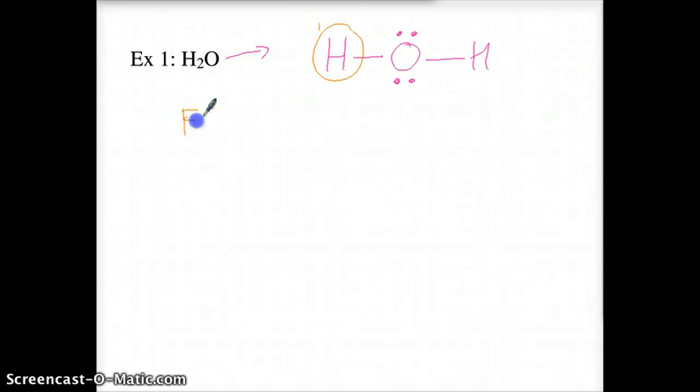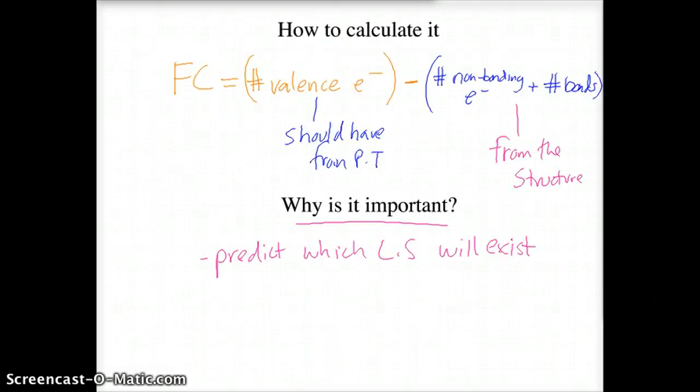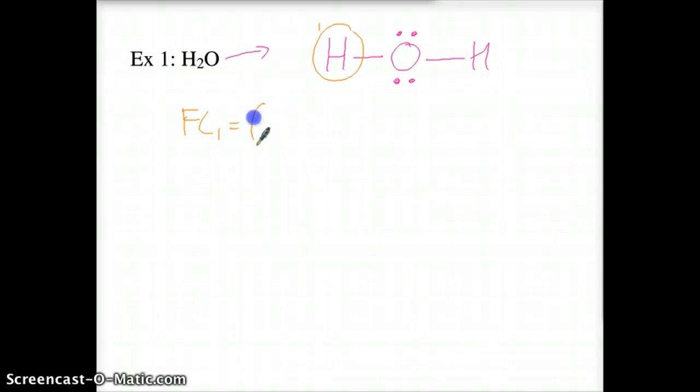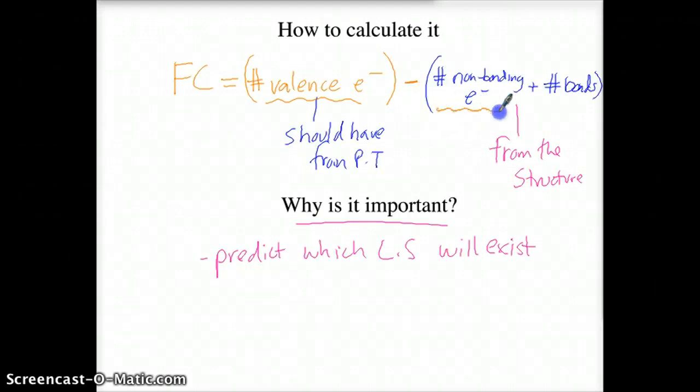If I want to calculate the formal charge of atom 1, looking back at our equation, it's going to be the number of valence electrons that atom should have. For hydrogen, it's in group 1, so it has 1 electron, minus the number of non-bonding electrons plus the number of bonds.